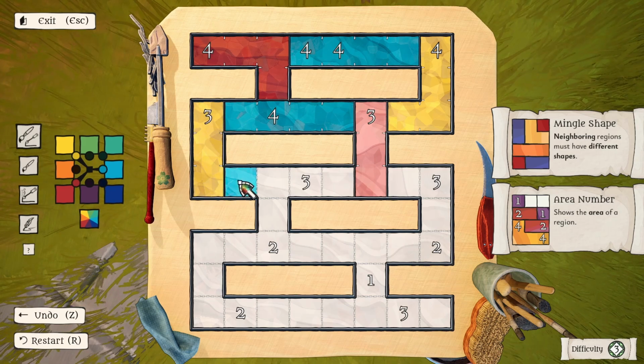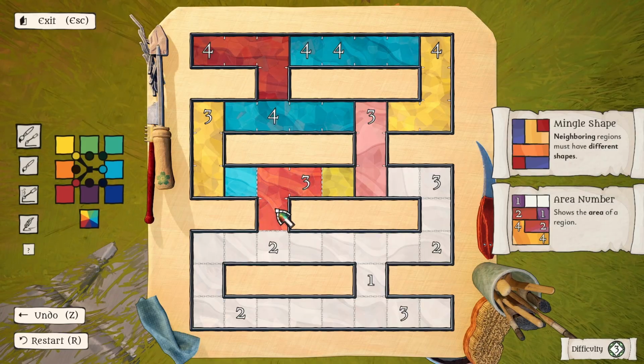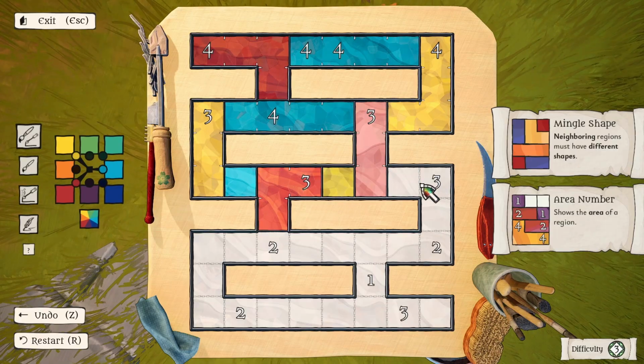Now this right here cannot be that 3 because it would be an I. And this one right here also can't be that 3 because it would be an I. So this 3 does that. Now that 3, it has to be an L.